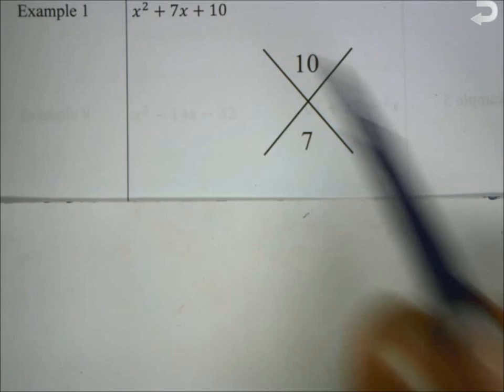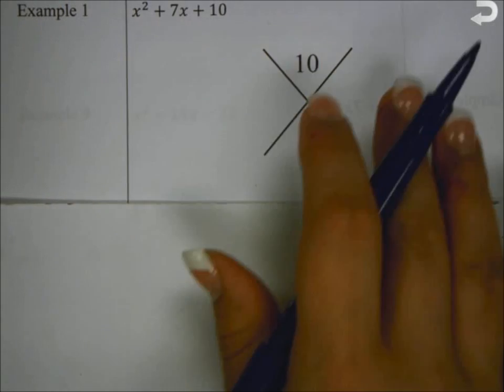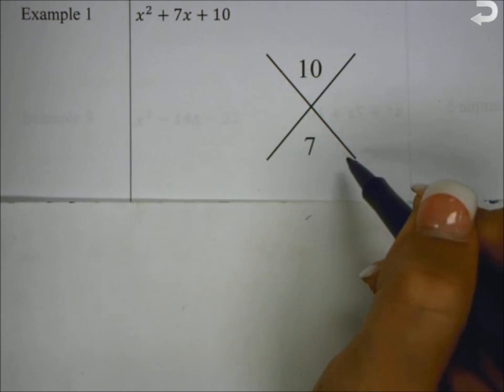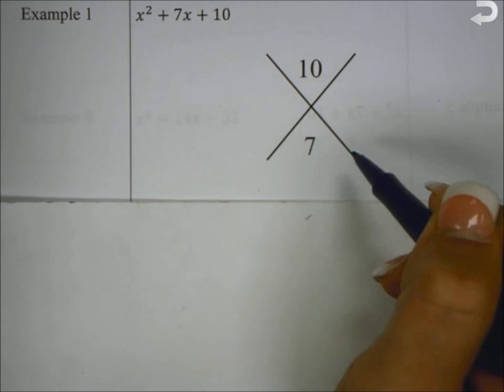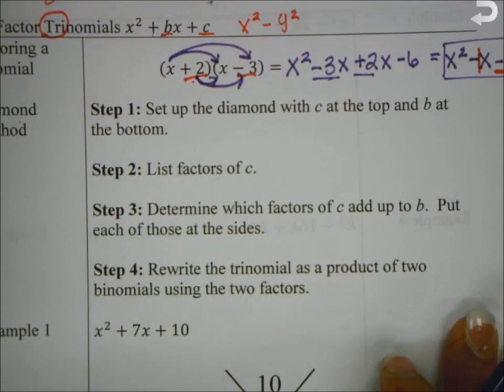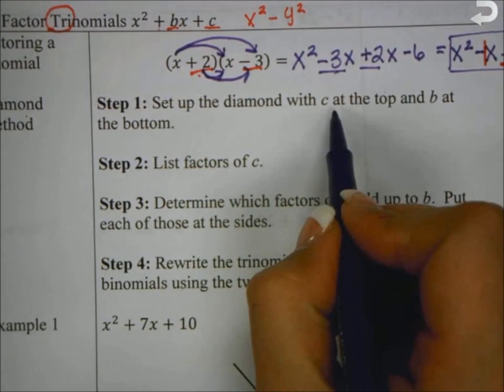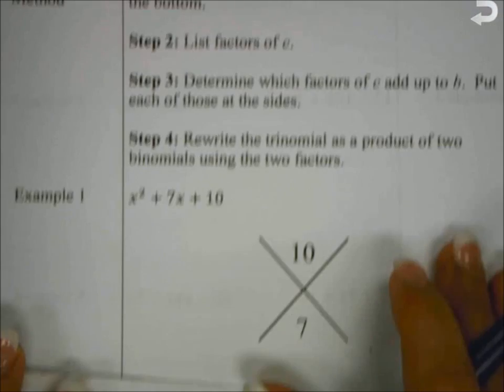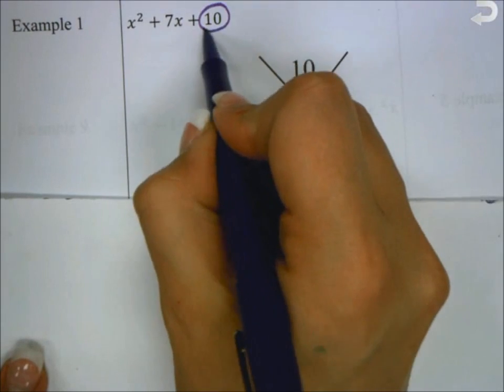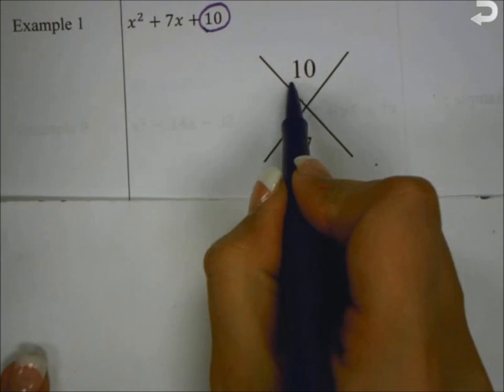So the first thing we do is we draw our diamond. How do I know what goes at the top? What did our steps say? Which term goes at the top? C. What's C? C is the last term. So this is our C here, so C goes at the top. According to our steps, what goes at the bottom?